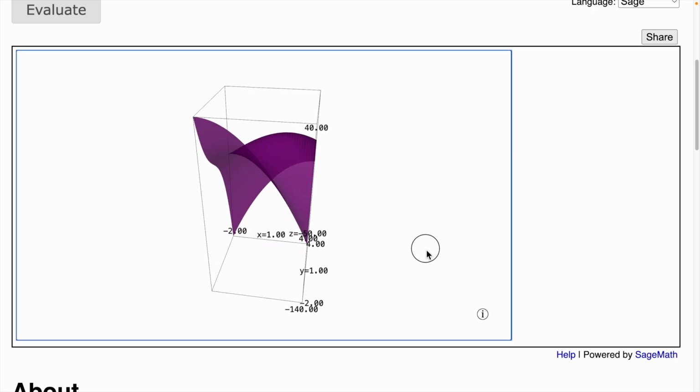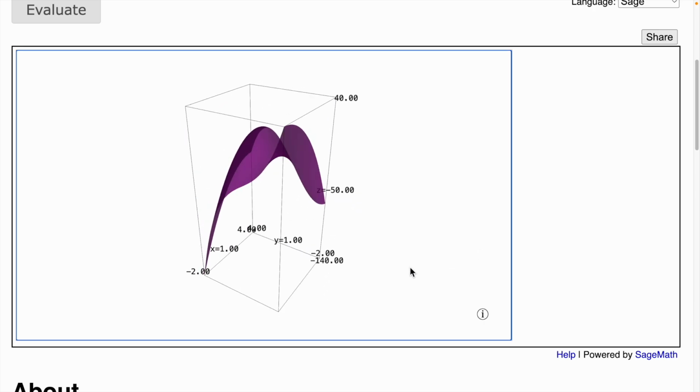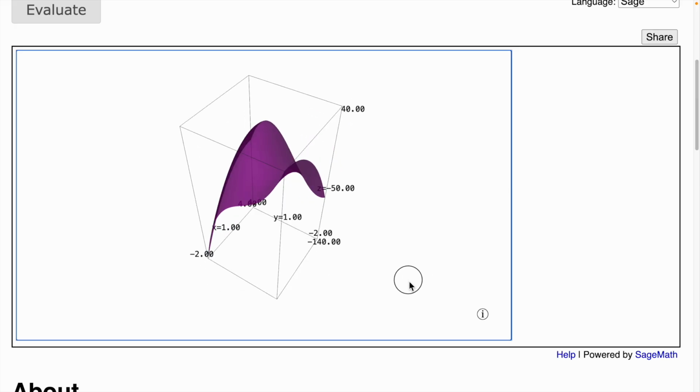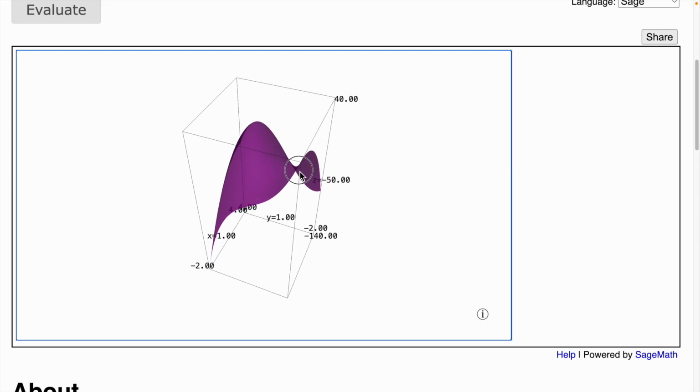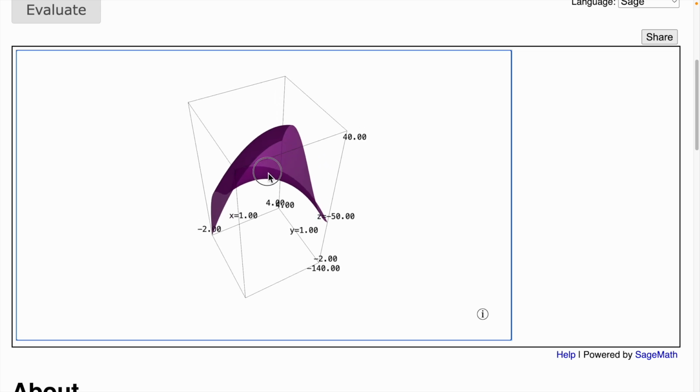Because we can see it from all directions, we can understand also how a saddle point looks like. So this is the saddle point that we are getting, and this is the maximum of the function that we got. For the saddle point, you see that if we look at it in this direction, it looks like it's a minimum, right? But if we look at the same point from here, it looks like it's a maximum.